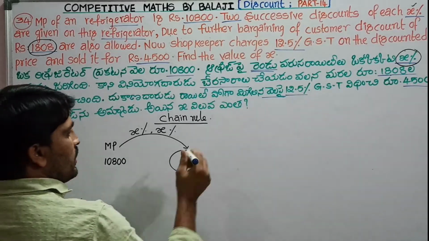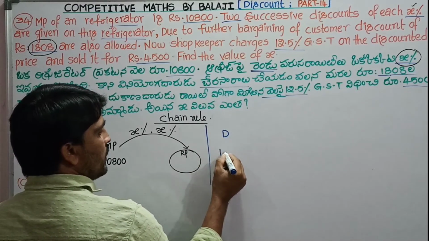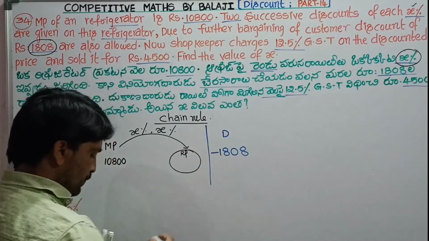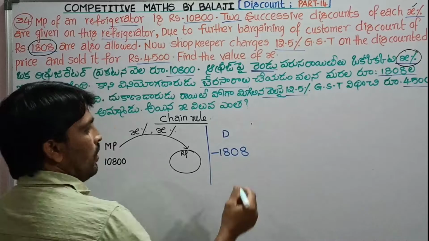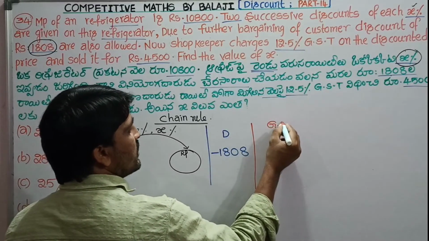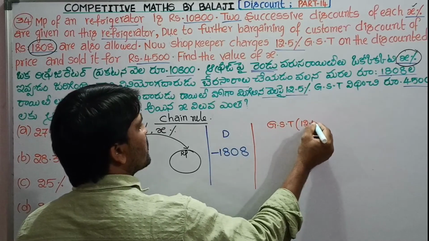On this reduced price, again we allowed a discount, that is 1808. Since it is a discount, we use negative. After that, the shopkeeper charges GST on the discounted price, at the rate of 12.5%.